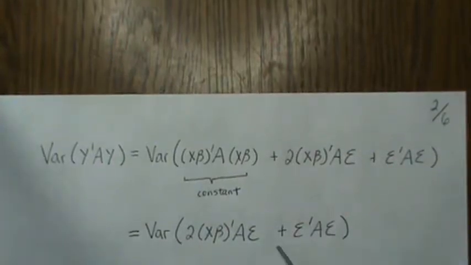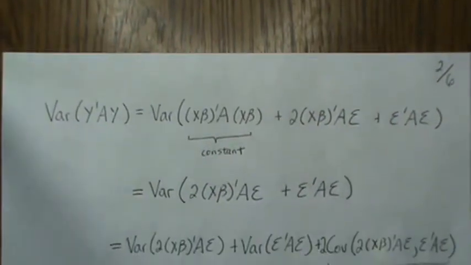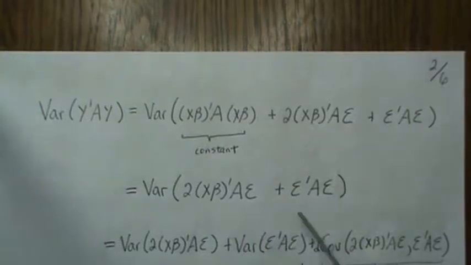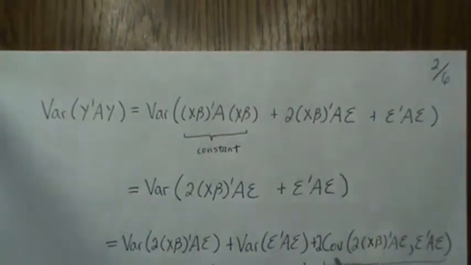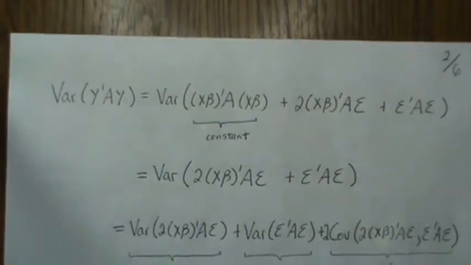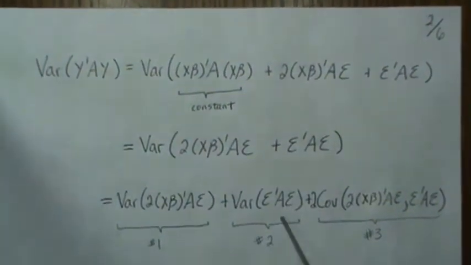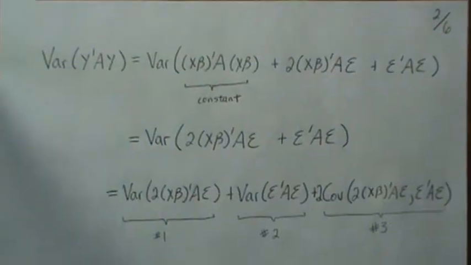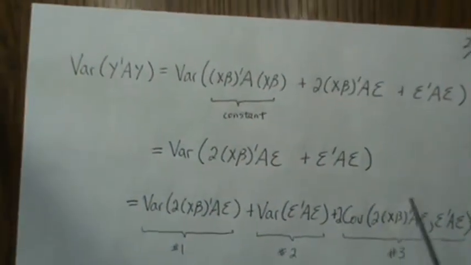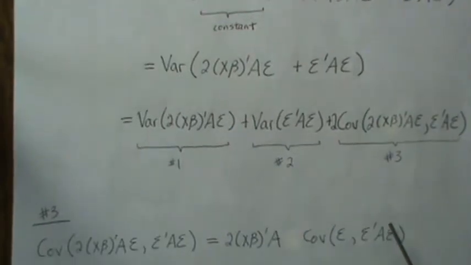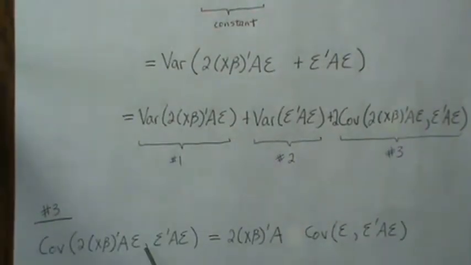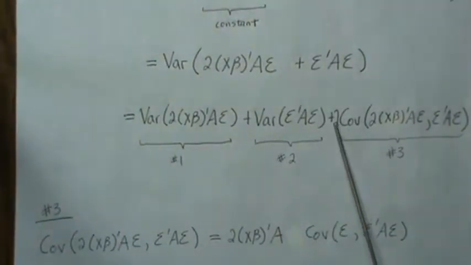Now, this is the sum, so it's the variance of the first plus the variance of the second plus 2 times this covariance. So we'll look at each one of these individually. We'll call them 1, 2, and 3, and we're going to deal with this one first. And so the covariance, and we're not dealing with the 2, just the covariance, is this.